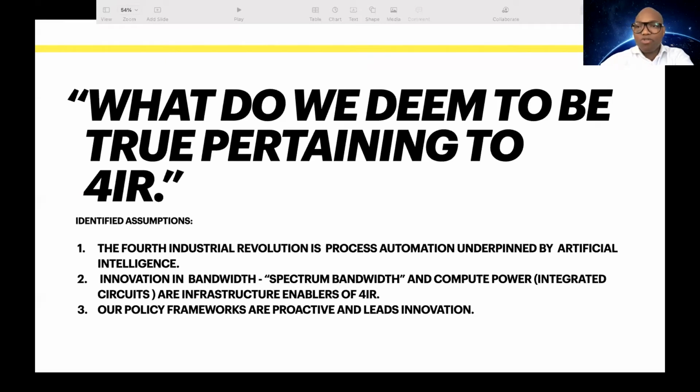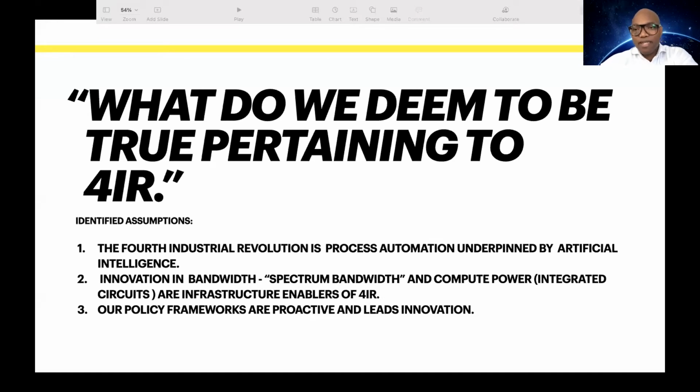And I think, due to the volume of answers coming to this question and how much variance there is in answers from different stakeholders, it would be prudent for us to say, let's use this as an axiom and let's all agree that the fourth industrial revolution is process automation underpinned by AI. And that will be our agreed definition of 4IR.